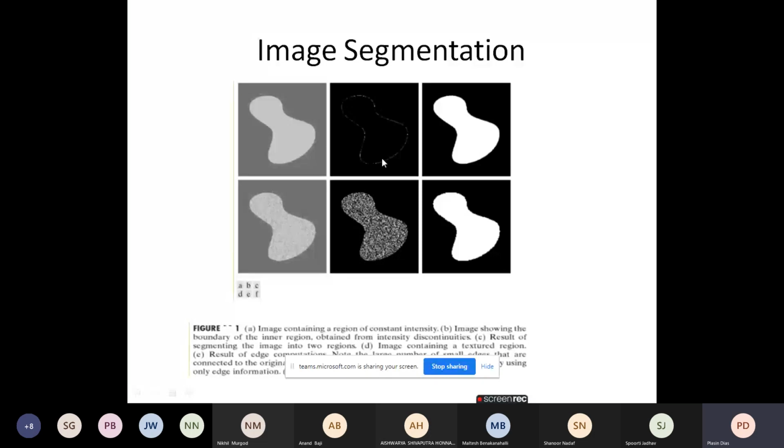And if you consider the result of segmenting that image into two regions, this is how things may look. Then if you go for a textured region, this is how the change in image intensity will look. So just check here.